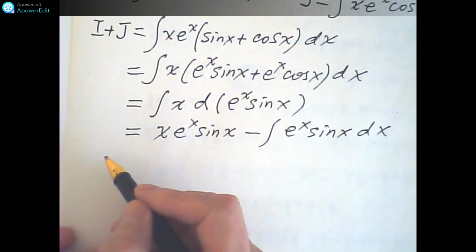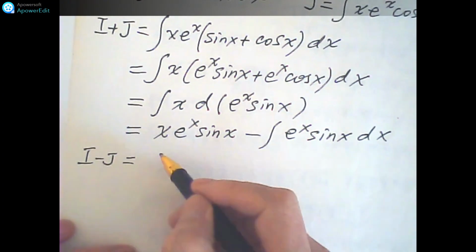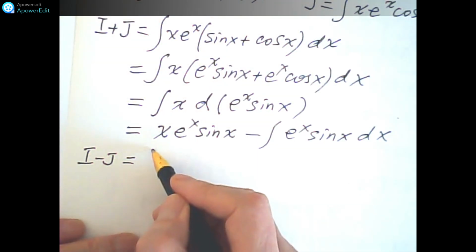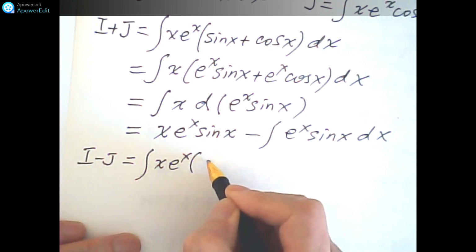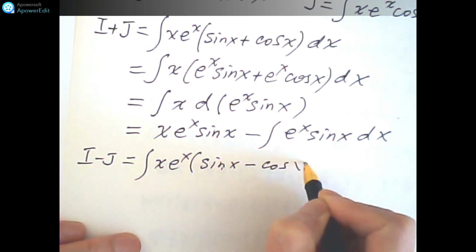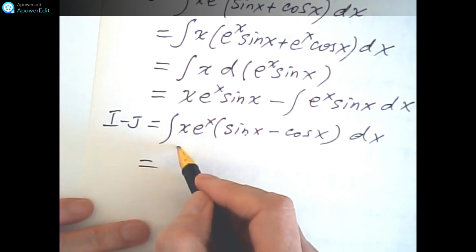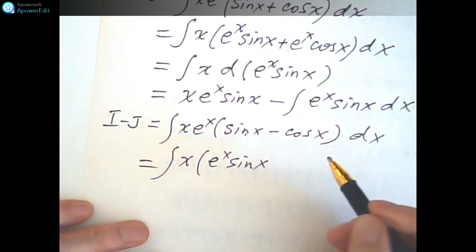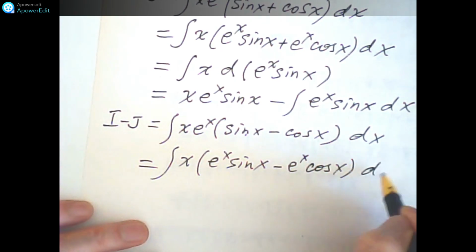Now I'll do the same thing for I minus J. I minus J is equal to this minus this, right? So this one is equal to the integral of x e to the x (sine x minus cosine x) dx. And this is x e^x sine x minus e^x cosine x dx.